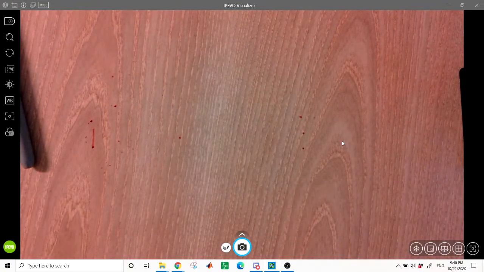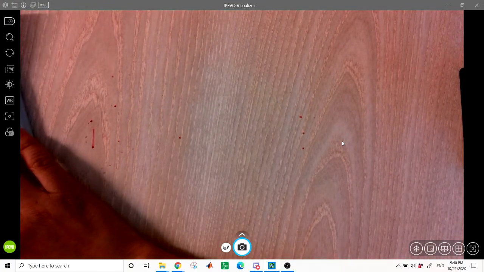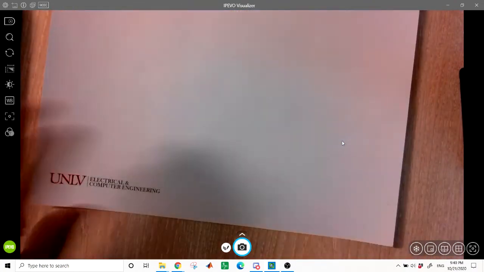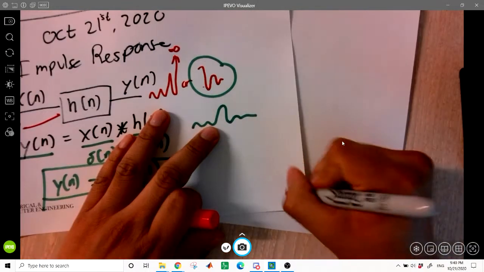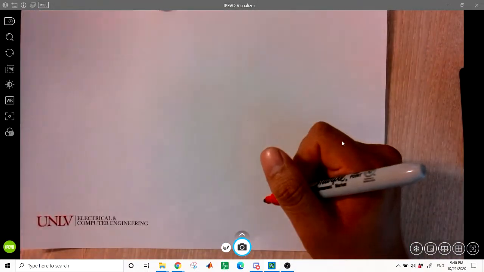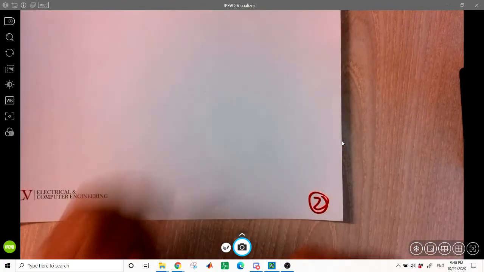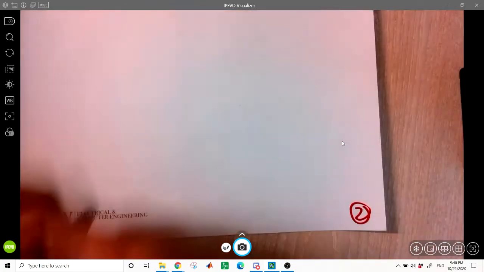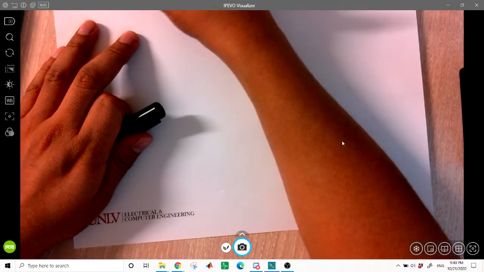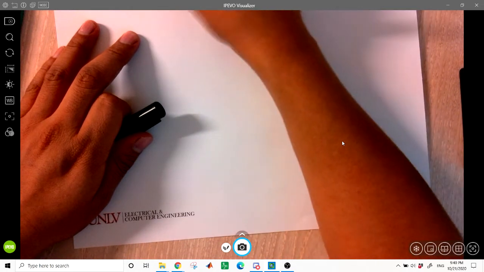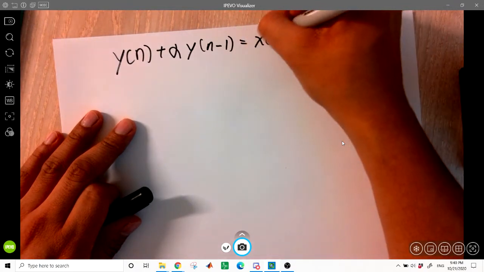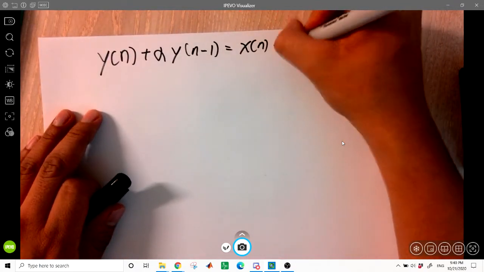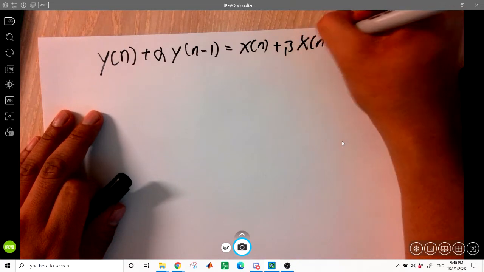Let's bring out a piece of paper to explain with an example. Now, let's say we build some system. Your professor gives you some system: y of n plus alpha y of n minus 1 is equal to some input x of n plus beta x of n minus 1.